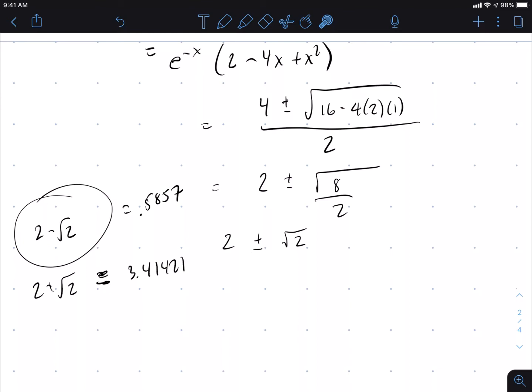Let me go back to my iPad. And then the question was homework 12, and I believe it was number 5. Yeah, question 12, number 5. Let me do that. We'll go from there.